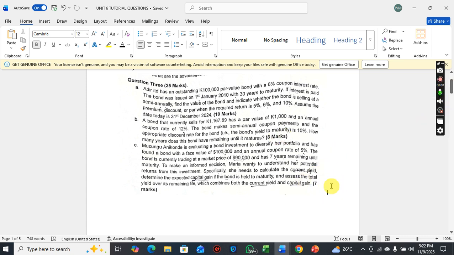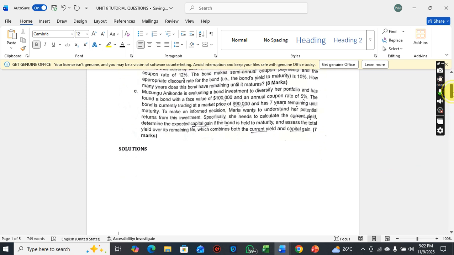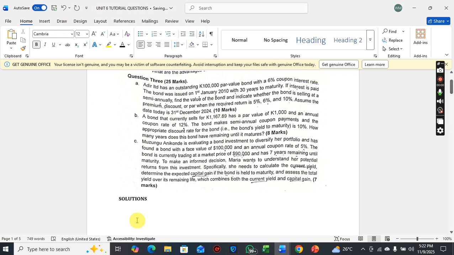So first things first, let's have solutions here. Since the interest is paid semi-annually, first we calculate the interest payment. The interest payment for this bond is just the interest rate multiplied by the par value.